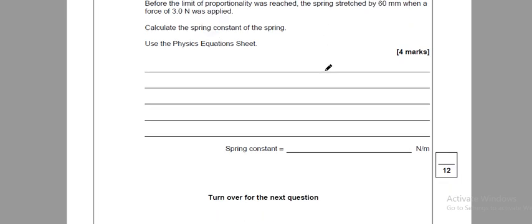Calculate the spring constant. We know that force equals spring constant times extension. So spring constant equals force, which is 3, over extension, which is 60 millimeter. So the answer will be 50 newton per meter.